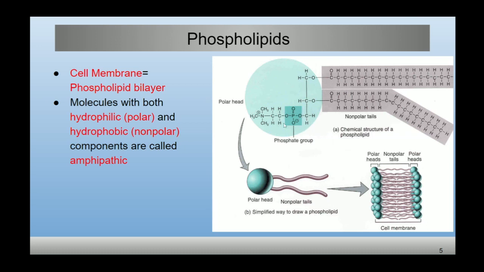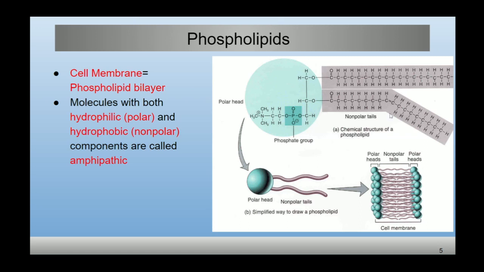We see a phosphate group, and we'll talk more about functional groups in our next video about proteins. But the phosphate group and this choline group, another functional group, make this head of the molecule polar. They make an alcoholic compound that is polar.